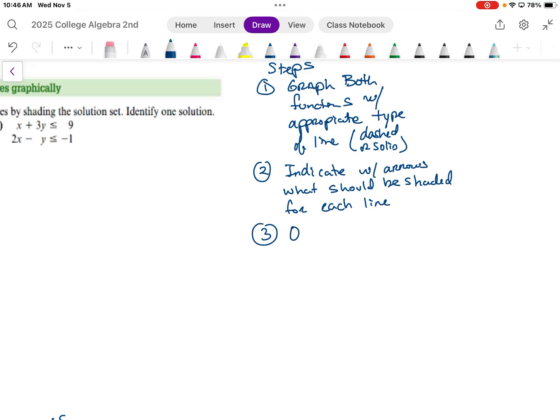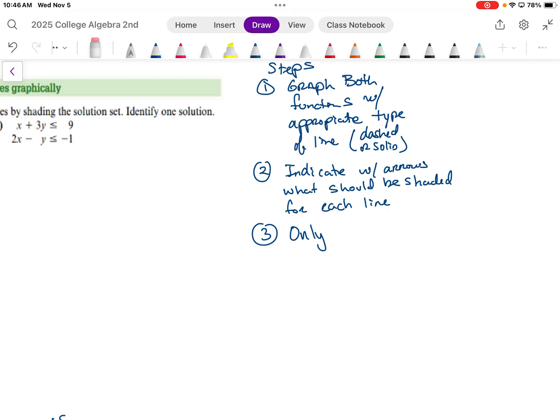Three, only shade the zone that has arrows pointing from both equations to it.